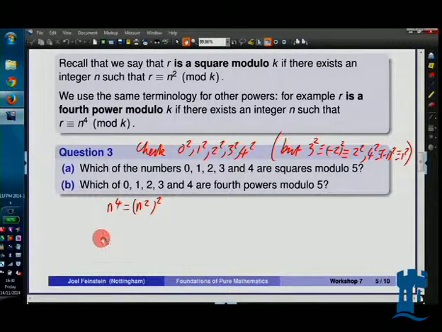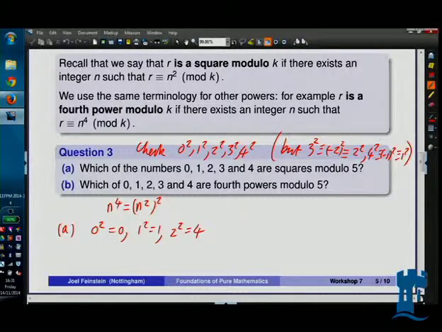Okay, so what are the squares and what are the 4th powers? If we could have a little quiet, please, while I run through the answer to this one. So you get 0 squared equals 0, 1 squared equals 1, 2 squared equals 4. So certainly 0, 1 and 4 are squares modulo 5.